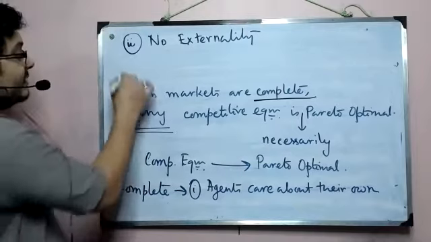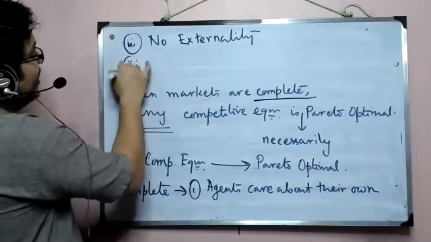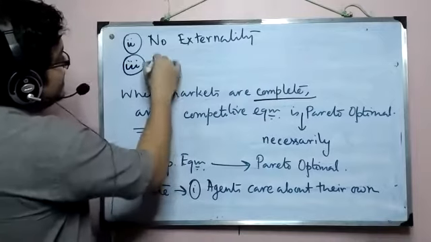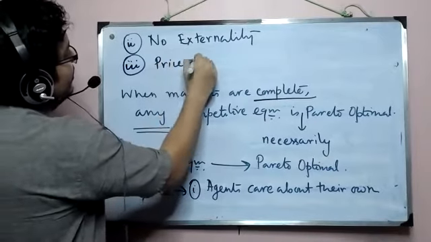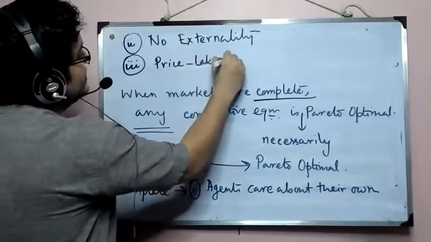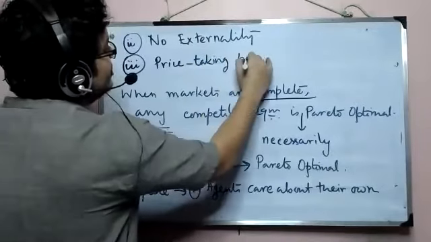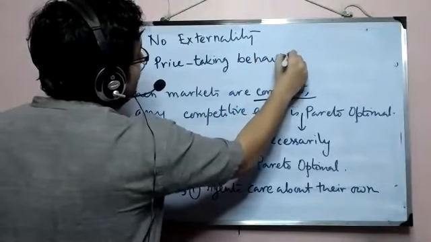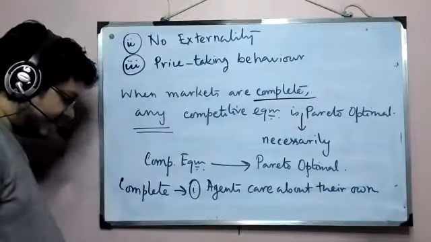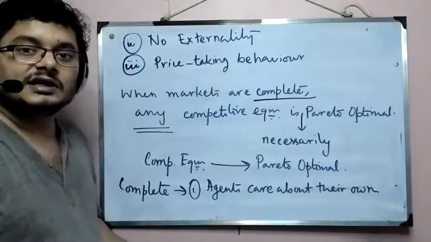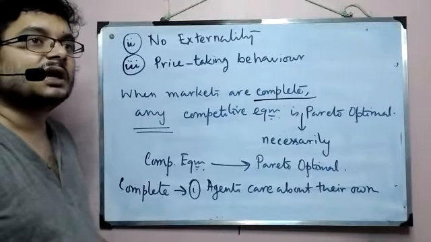Okay, number three is price taking behavior, or what we said as the consumers being small. Okay, so price taking behavior basically means that you go to a shop and you try to bargain.